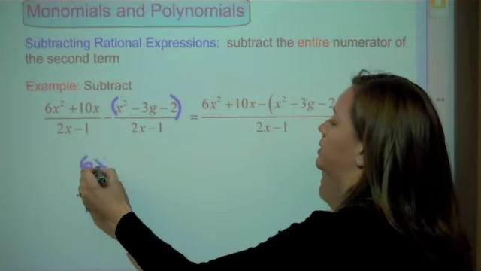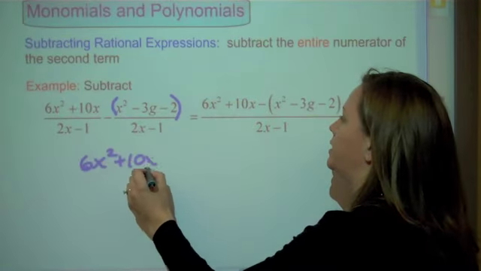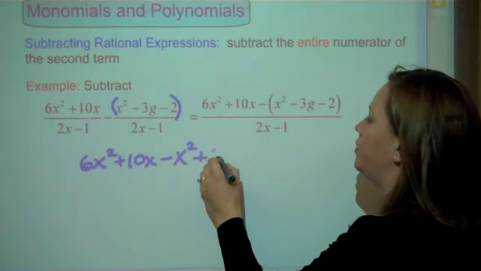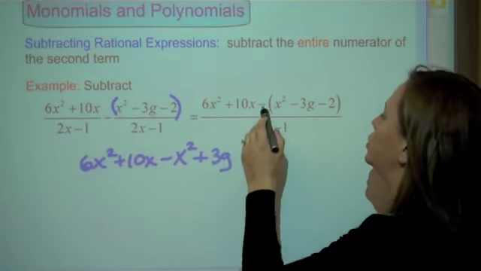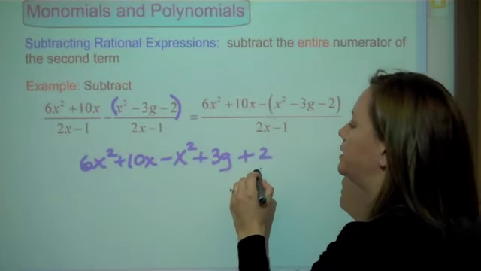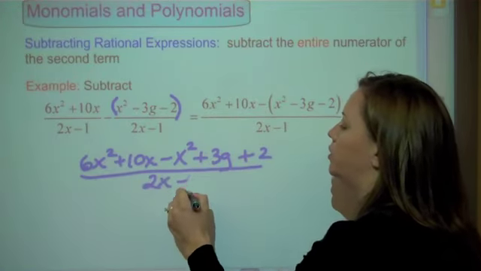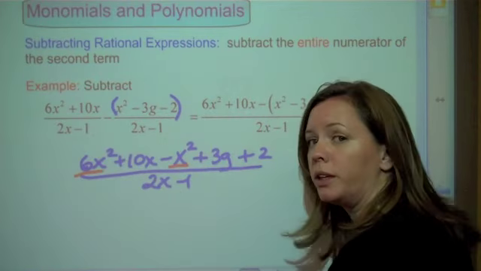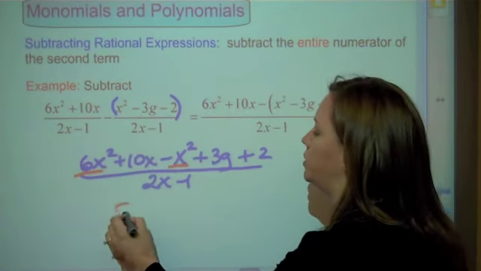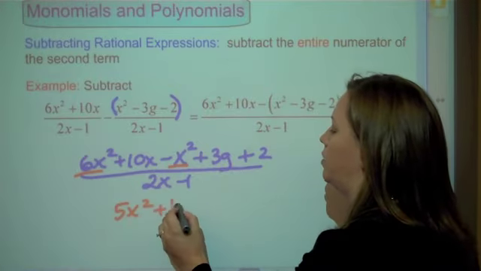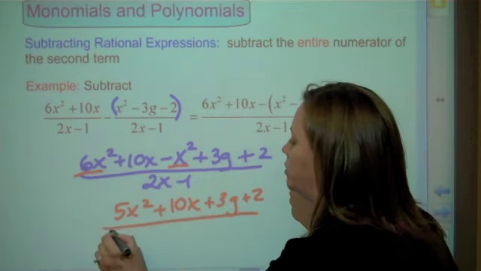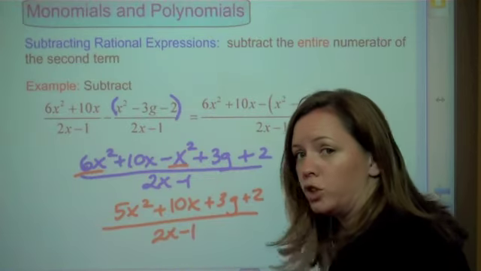That's going to become 6x squared plus 10x minus x squared minus a negative 3g makes that plus 3g minus a negative 2 makes that plus 2 all over 2x minus 1. And let's see, we've got like terms here and here, so we can collect those. 6x squared minus x squared is 5x squared plus 10x plus 3g plus 2 all over 2x minus 1.